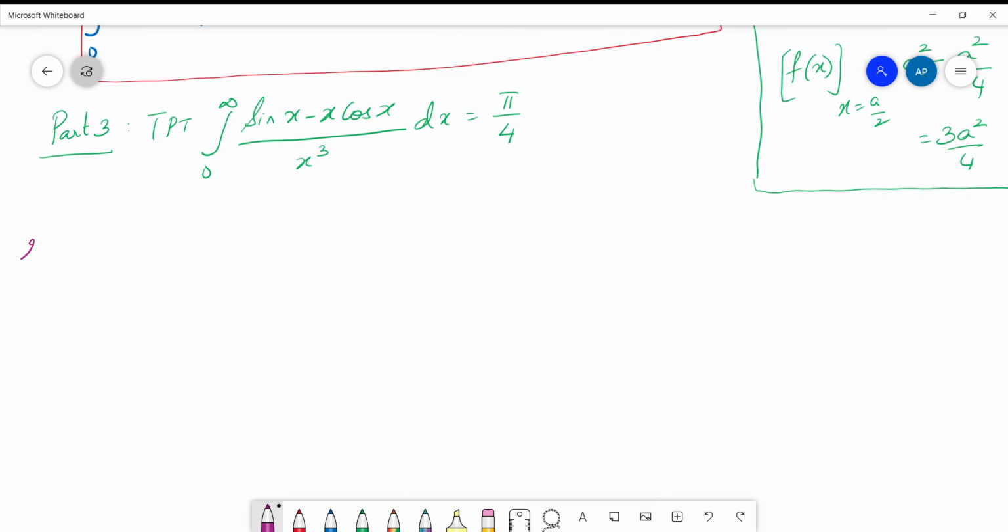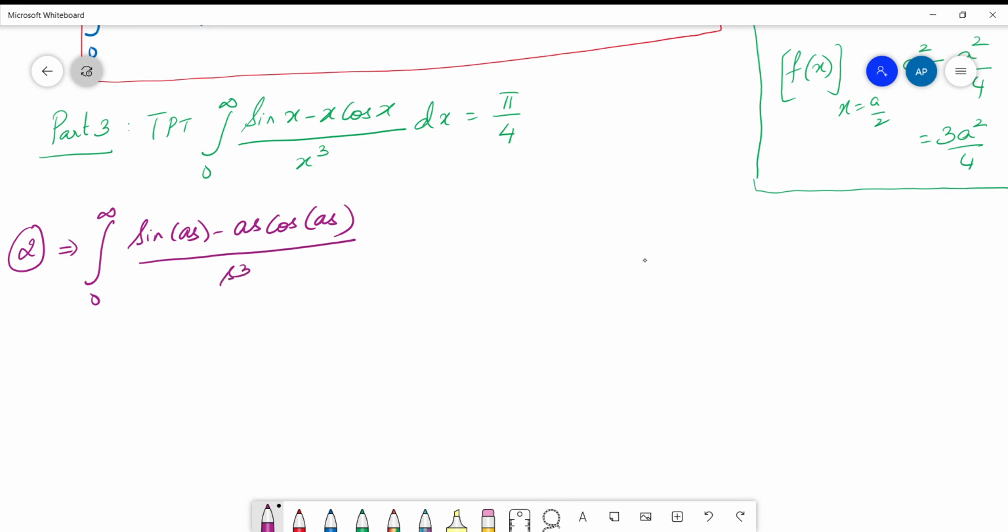So 2 implies integral 0 to infinity sin as minus as cos of as divided by s cube multiplied by cos of sx dx is equal to 4 by pi into f of x. Now if you look at what you want there, you don't want this term at all.